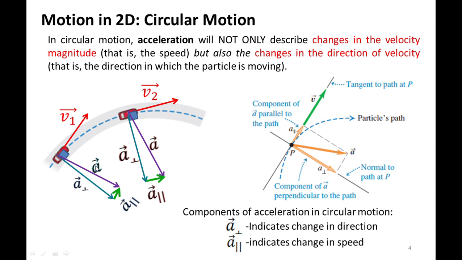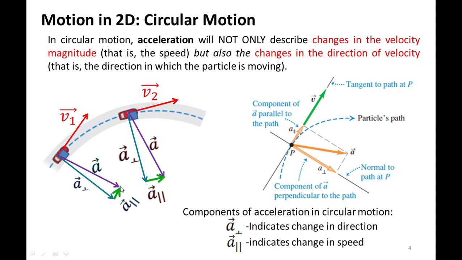Now, let's take a look at the effects of these different types of acceleration. Again, the total acceleration is composed of one acceleration that is perpendicular to this velocity and another acceleration that is parallel to this velocity. The components of the acceleration in circular motion do two different things. The acceleration that is perpendicular to the velocity, that means this acceleration here, is the one that changes this object's direction. So this is the acceleration that causes the change in the direction of the velocity.